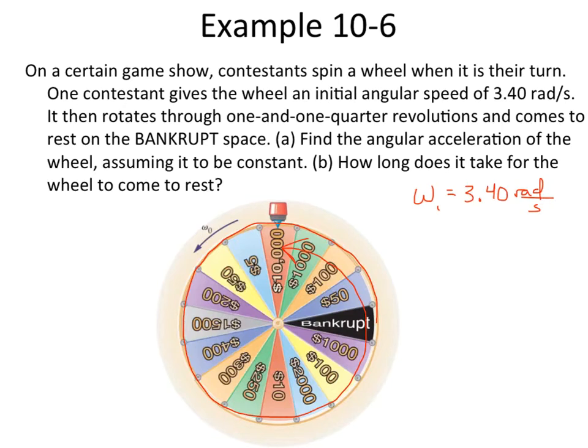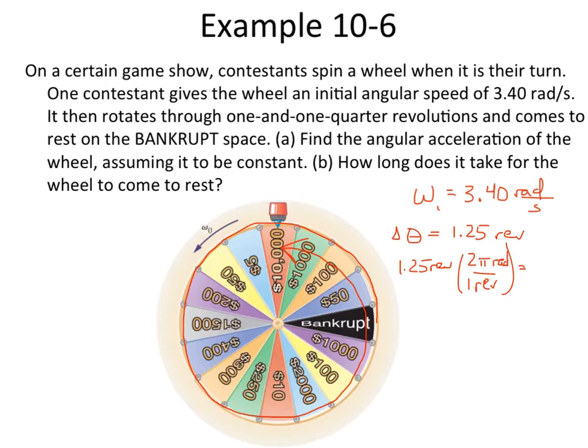So what is that? Well, that's an angular displacement, so that's our delta theta. Now that is 1.25 revolutions. We need to turn that into radians, and we know that 1 revolution equals 2 pi radians. So 1.25 times 2 pi.